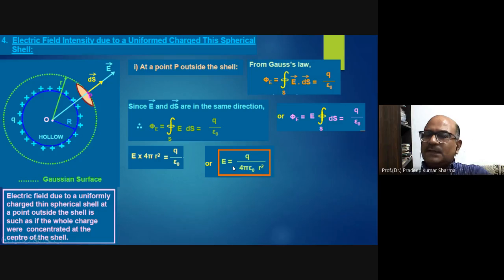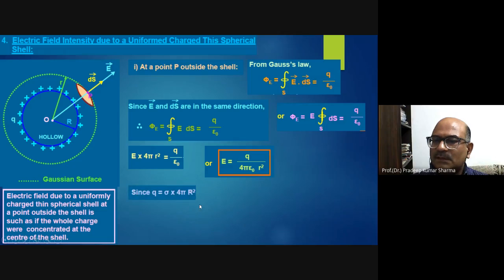This is the electric field at this point P due to the enclosed charge, at a distance small r if the charge is at O.